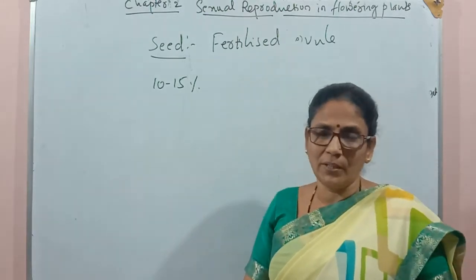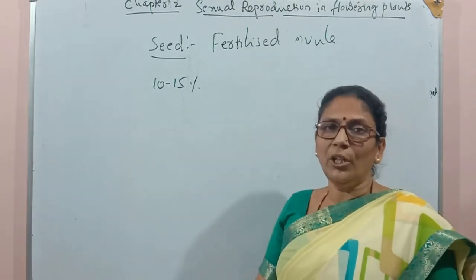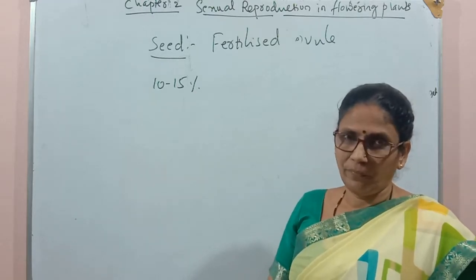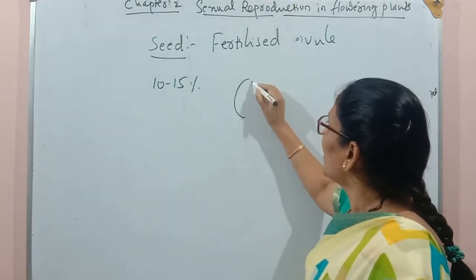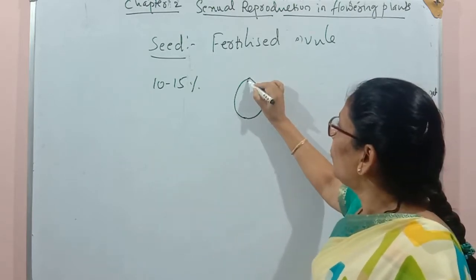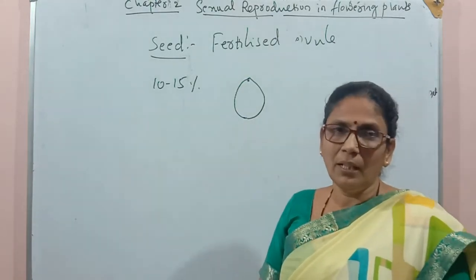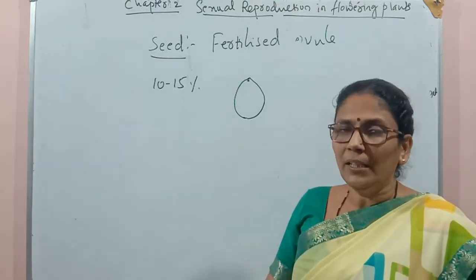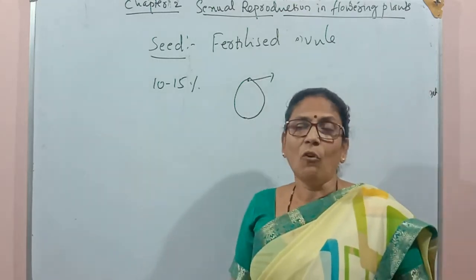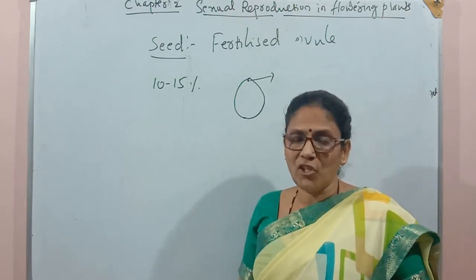Also, the seed reduces its metabolic activity as it matures. In a mature seed, we also see a small opening towards the micropylar end, called the seed pore. This seed pore is useful for the entry of water and oxygen during germination.